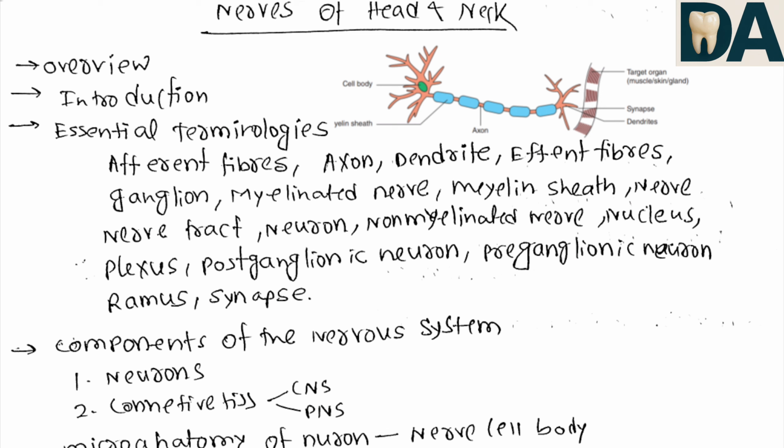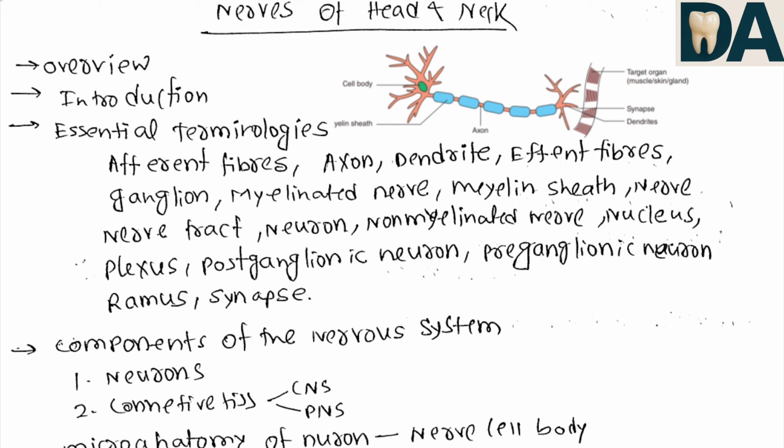The central nervous system is constituted by the brain and the spinal cord, while the peripheral nervous system is constituted by the somatic and autonomic nerves. 31 pairs of spinal nerves and 12 pairs of cranial nerves comprise the somatic nerves, while the sympathetic and parasympathetic nerve chains constitute the autonomic nerves.